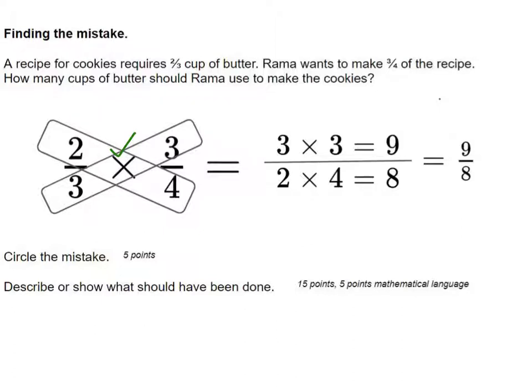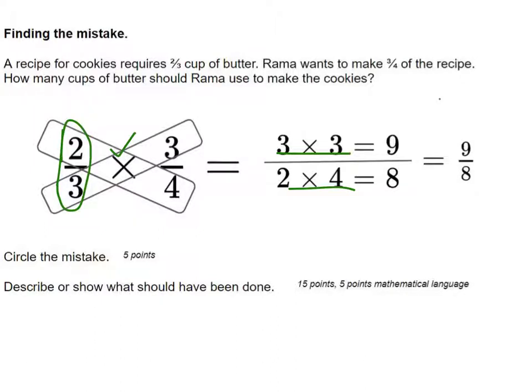But they actually multiply diagonally. And we don't multiply diagonally when it is multiplication. So what they did, they actually did 2/3, 3 times 3, which is this, and 2 times 4, which is that. And if you notice, it kind of does flip this first one.